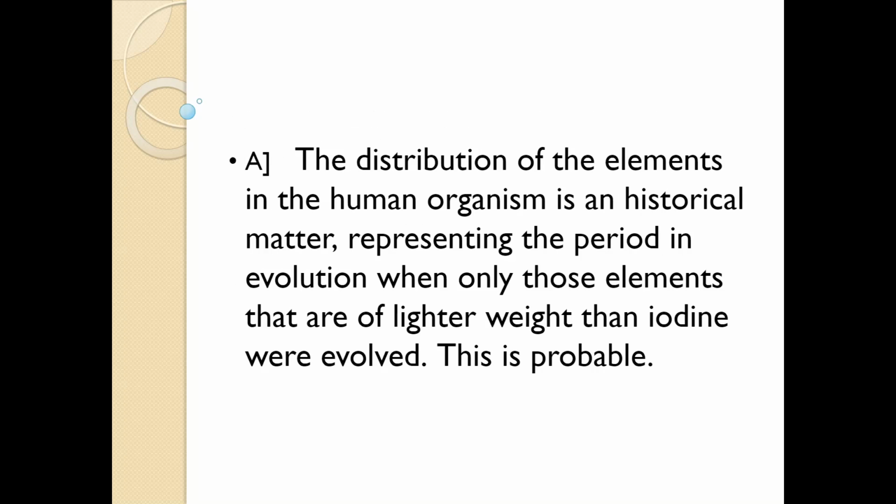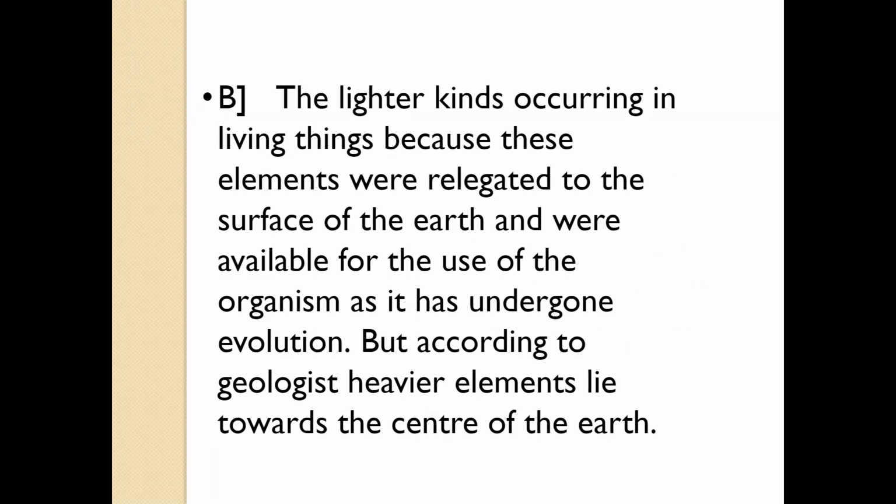So the first point: the distribution of the elements in the human organism is a historical matter, representing the period in evolution when only those elements that are lighter in weight than iodine were evolved. This is probable. Second point: the lighter kinds occur in living things because these elements were relegated to the surface of the earth and were readily available for the use of the organism as it underwent evolution.